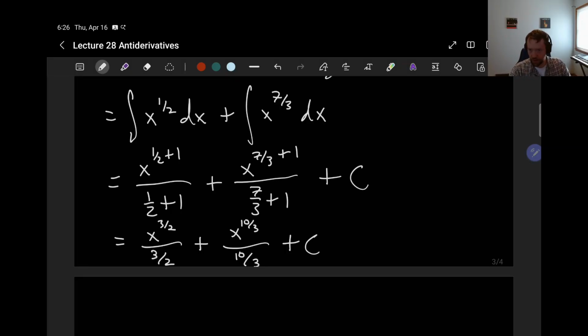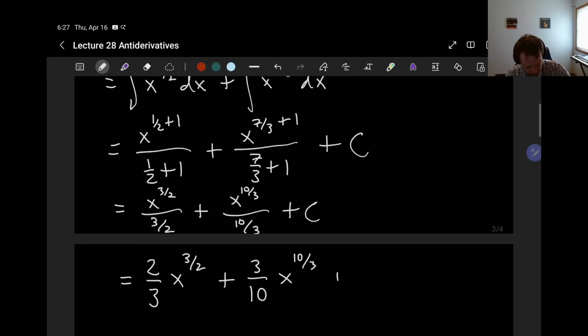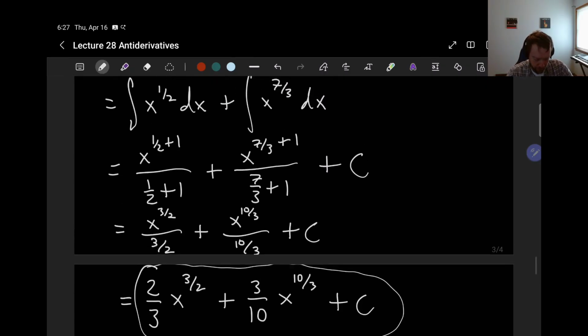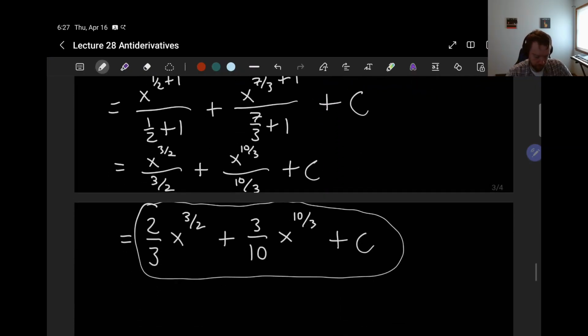And now that we're dividing by fractions, let's think of that as multiplying by their reciprocal. That's a bit more tidy. And there, that is all antiderivatives of our function square root of x plus cube root of x to the 7.